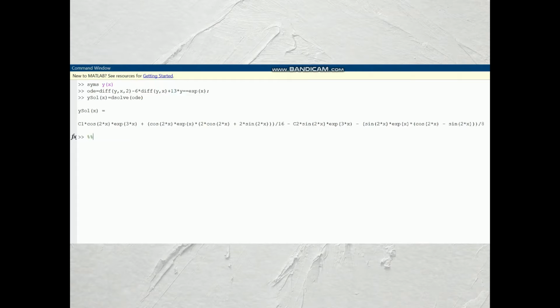So this answer is not simplified yet. To get the simplified answer, we have to use simplify bracket dsolve bracket ODE to get the simplified answer from the solution above.